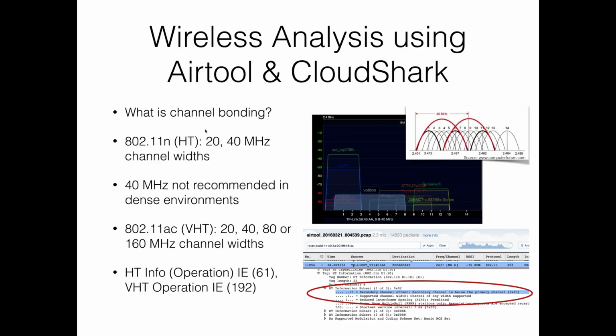And there, as you can see in the figure, it shows information about what the primary channel is. It says channel 6 for this network, and the secondary channel offset says the secondary channel is below the primary channel, and it's number 3. So that's how you can see from a capture what channel width a network is using. So in this case, it's using a 40 megahertz channel width.